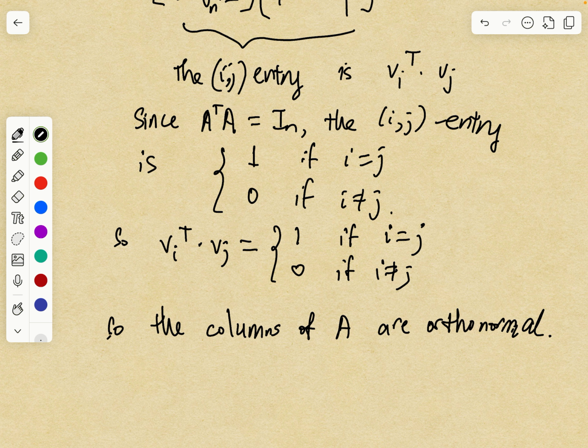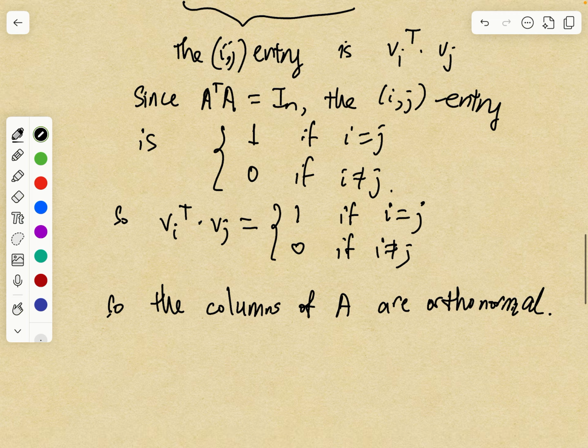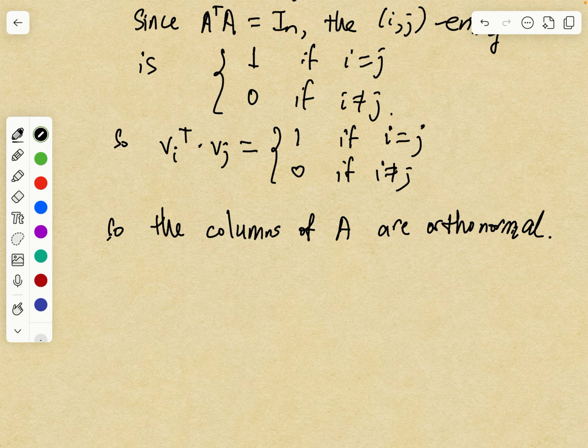And if they're the same, if i equals j, then the dot product is 1, meaning that the length of the vector is 1. So these are unit vectors that are mutually orthogonal with each other. That's what it means for the columns of A to be orthonormal.